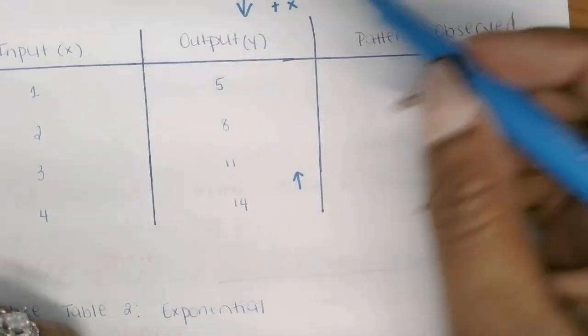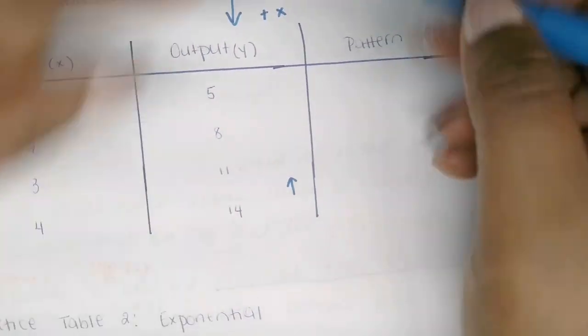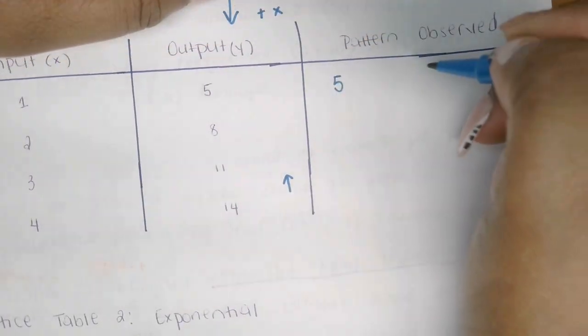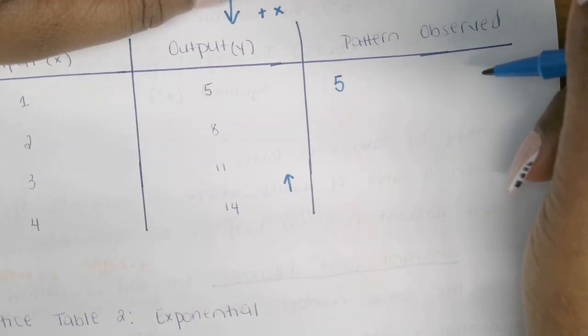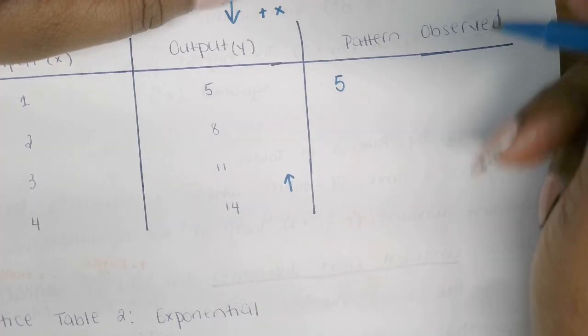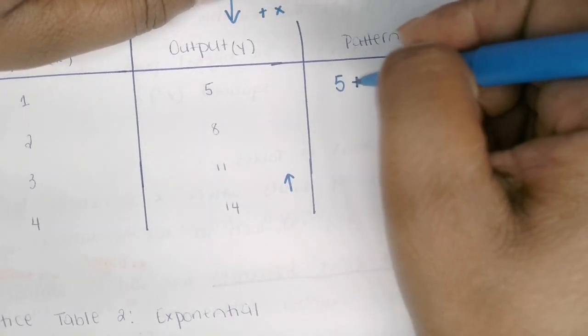Right. So to move from 5 to 8, we're going to say, what can I multiply 5 by to get 8? There's no possible number we can multiply, so we know that we probably have to add.